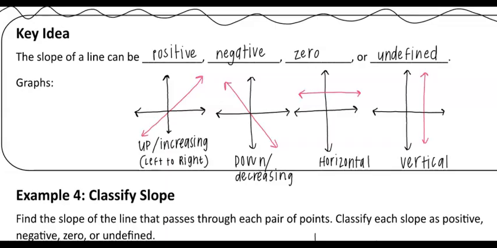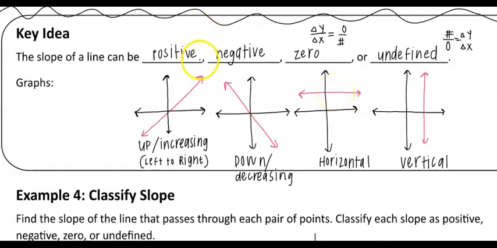Remember, undefined is when you have 0 in the denominator. So any number divided by 0 gives you undefined. If the change in x is 0, that's undefined, whereas if the change in y is 0, 0 over any number equals 0.